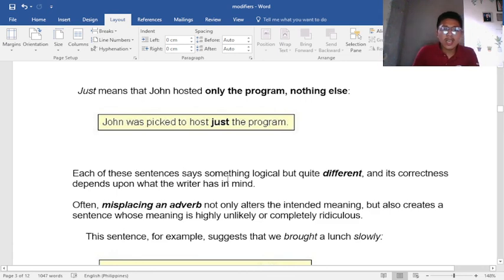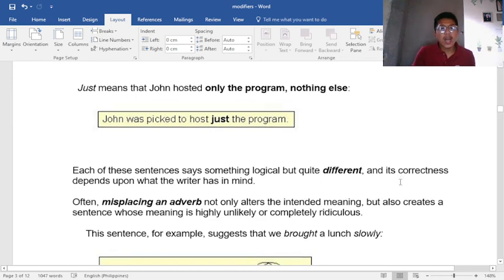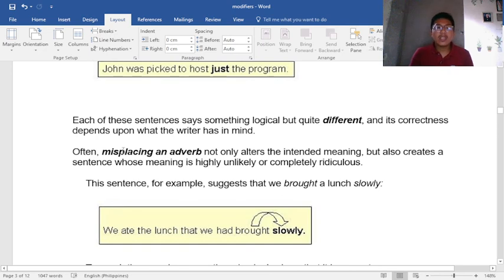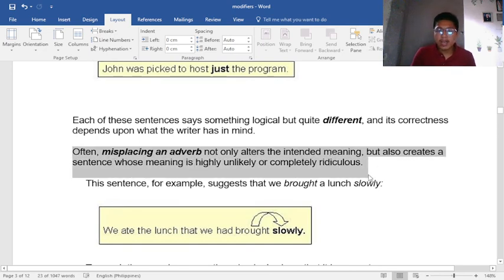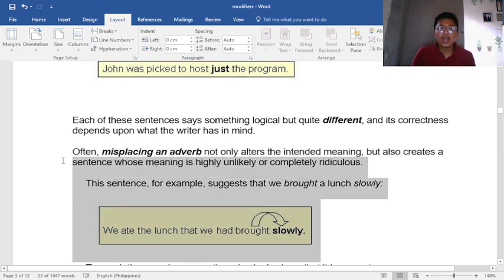Each of these sentences says something logical but quite different, and its correctness depends upon what the writer has in mind. Often, misplacing an adverb not only alters the intended meaning, but also creates a sentence whose meaning is highly unlikely or completely ridiculous. This sentence, for example, suggests that we brought a lunch slowly.